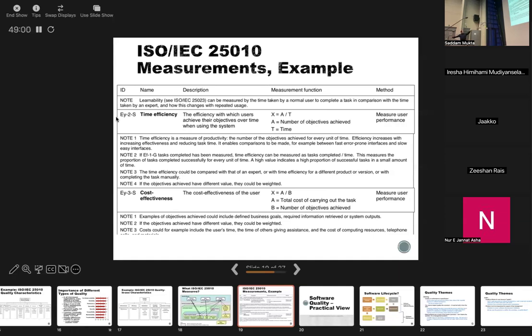So cost effectiveness: X = A / B, where A is the total cost of carrying out the task, and B is the number of objectives achieved.